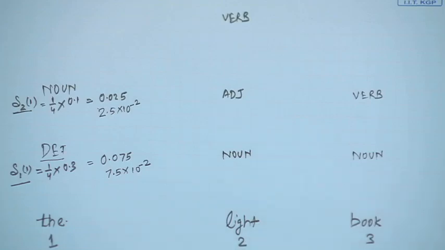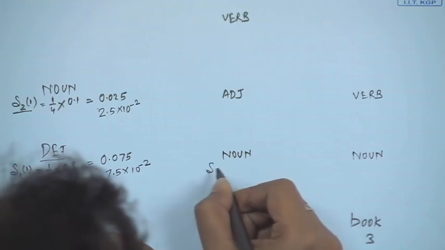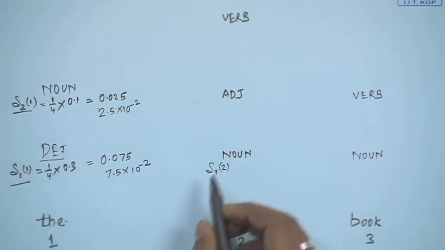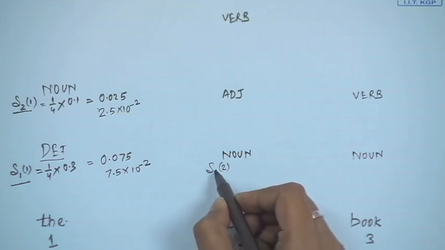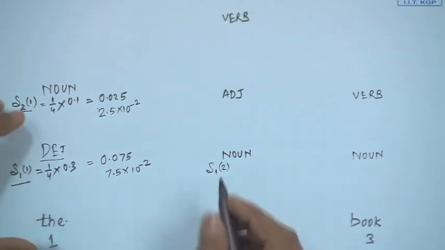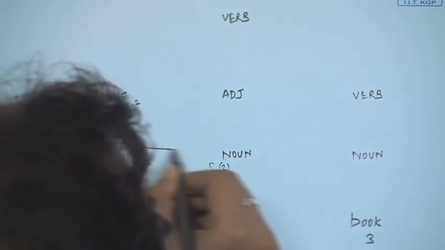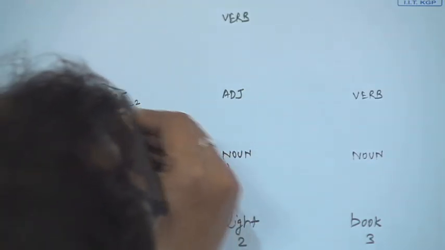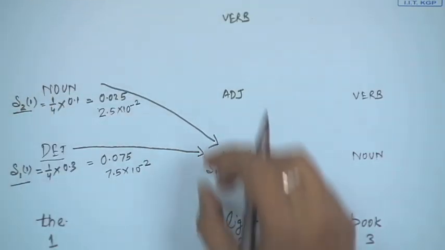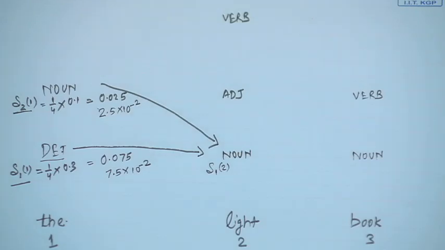Here you want to find delta 1, 2. In step 2, what is the best probability of reaching noun? Noun you can reach via either here or here, so you need to compute both possibilities and take the max over that.